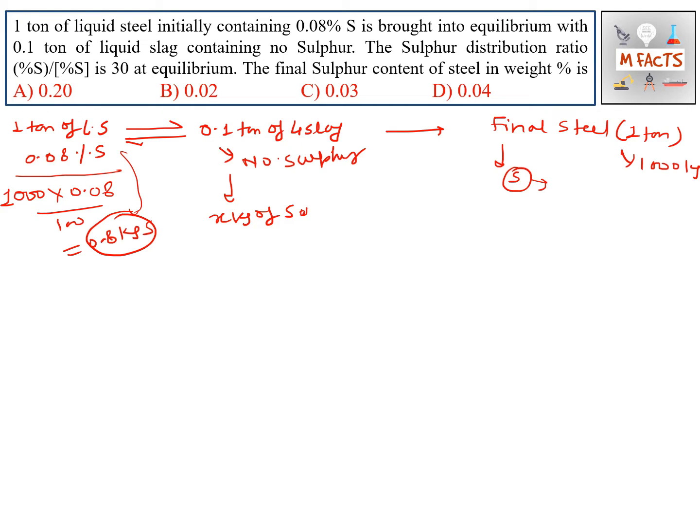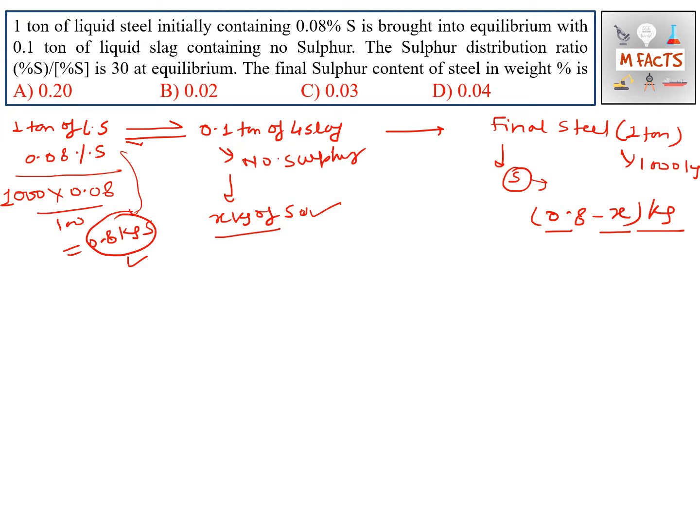Because we are doing this process to reduce the sulfur content in liquid steel, a part of the sulfur will come into the slag and the final steel will contain the remaining part. Initially it was 0.8, x went into the slag, and the remaining 0.8 minus x kg will come into the final steel.